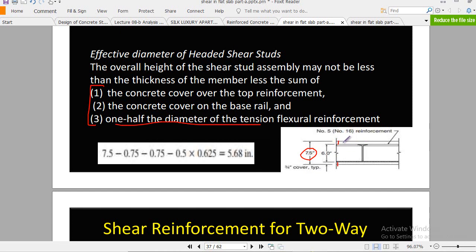Either it is provided in the top portion or in the bottom, but as the studs are provided in the column region, we always have the flexure reinforcement in the top portion. So you have to subtract half. This is the way we calculate the average depth.